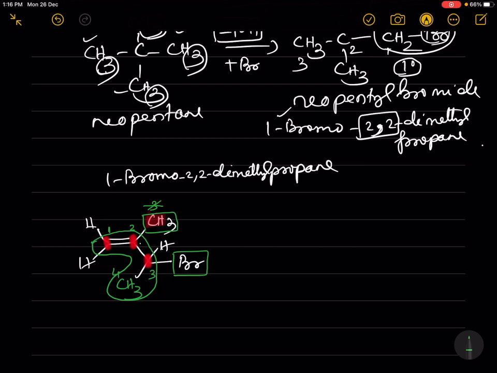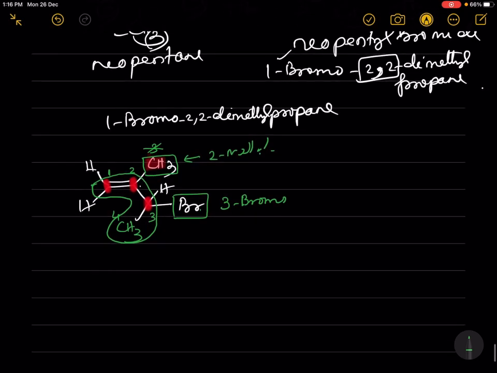For this part I should write 3-bromo. For this part I should write 2-methyl. Then for 4 carbon atoms the root word is but.